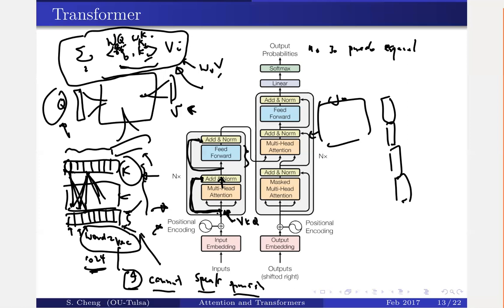And the output here goes back. Actually, I need to take back what I mentioned earlier.